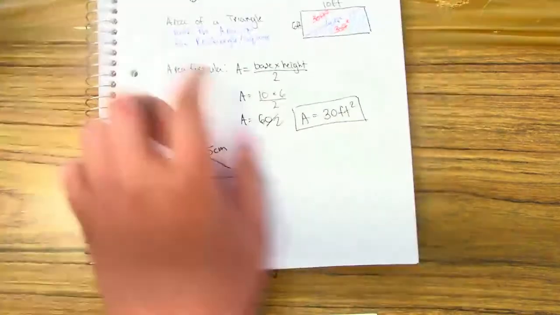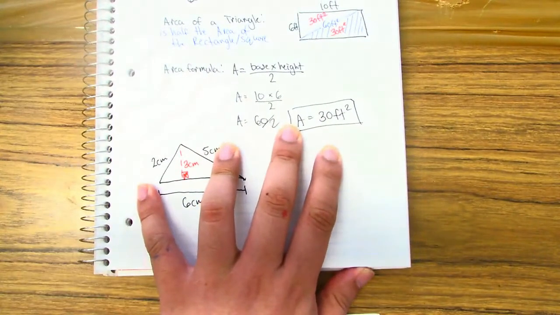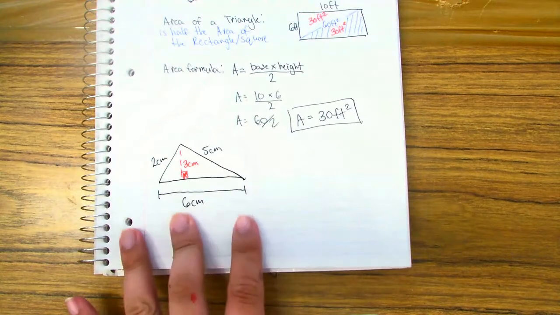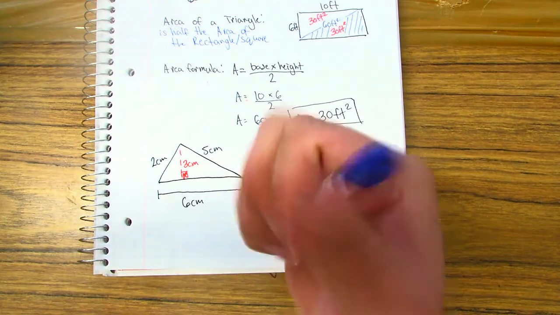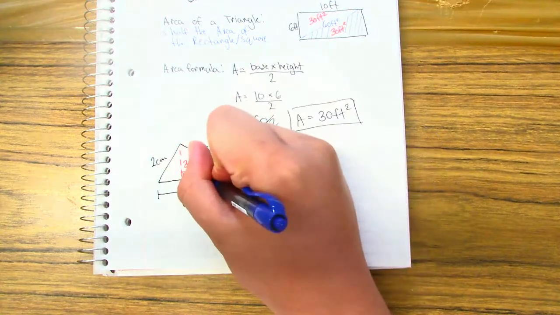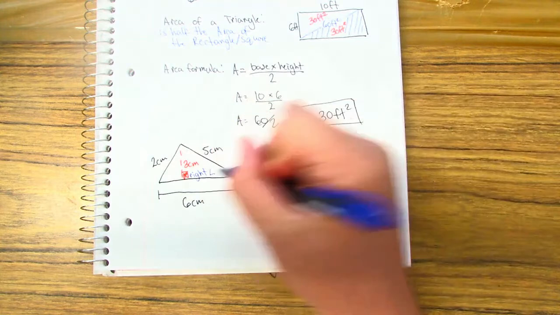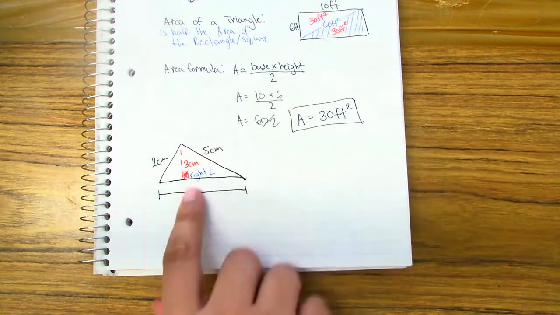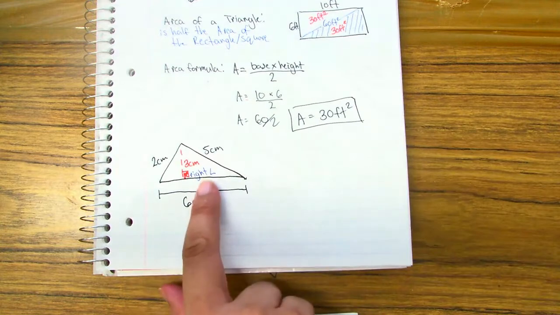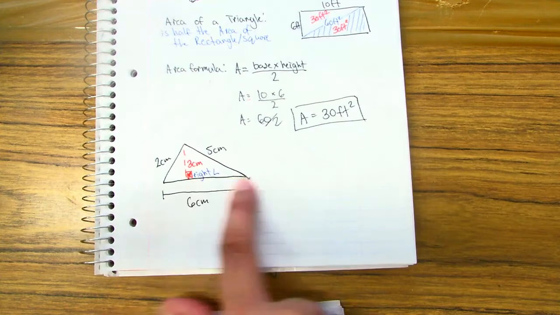That's pretty much it. This one here is a different example of the area of a triangle. So here we're going to be using only 2 things. And once again, we're going to rely on the right angle, because the right angle helps us find the base and the height. If we look at what connects to the right angle, we see 3 and we see the line of 6.